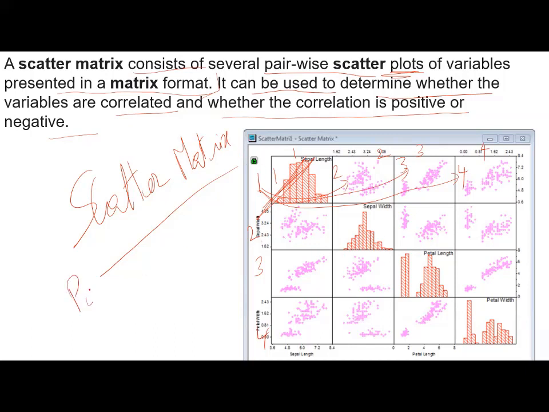Pairwise scatter plots in the form of a matrix: 1,1; 1,2; 1,3; 1,4; 2,1; 2,2; 2,3; 2,4; 3,1, and so on. Such a form is called a scatter matrix. Now it is easy to look at all the pairs, so it gives you the exact view.